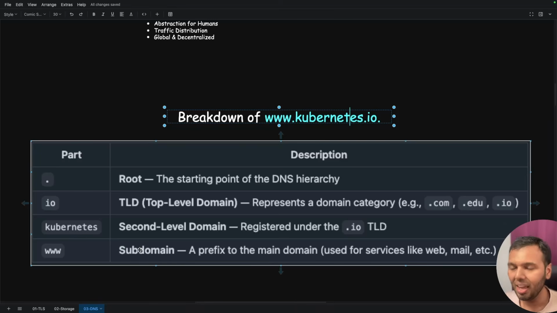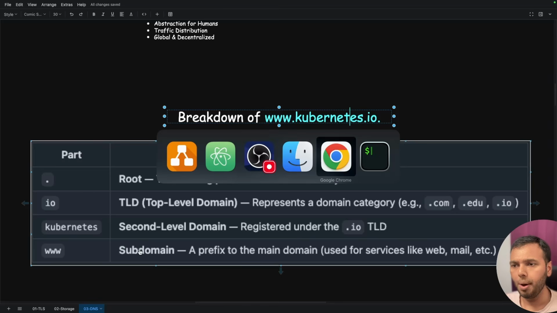Historically, it was used to designate the web server portion of a domain. But in modern world, if you type www.kubernetes.io, you will just be redirected to kubernetes.io.